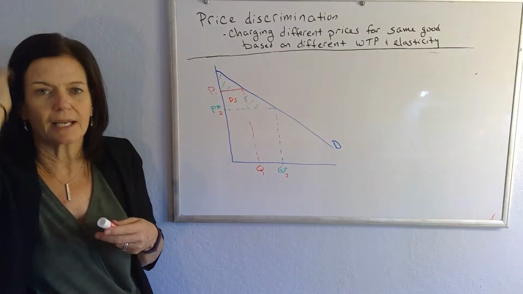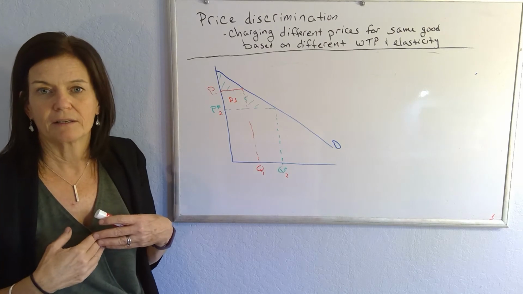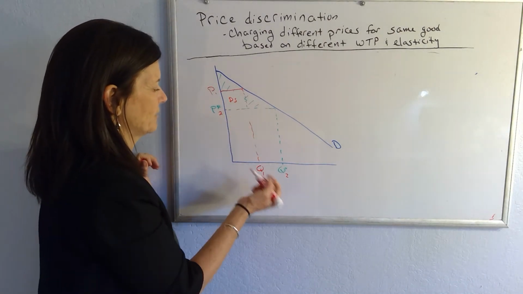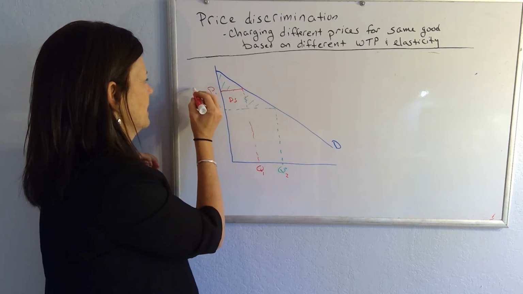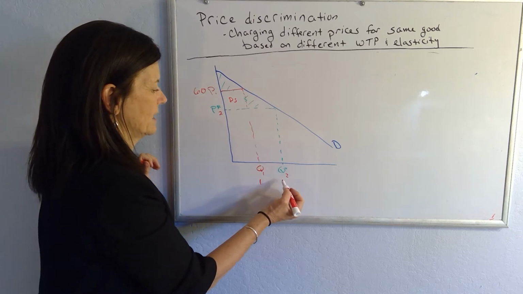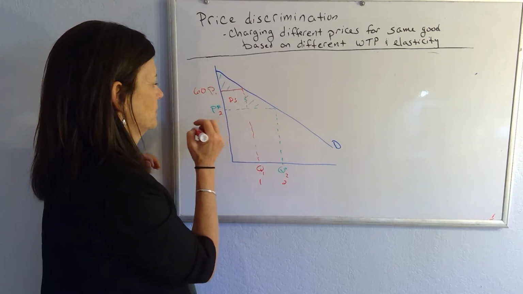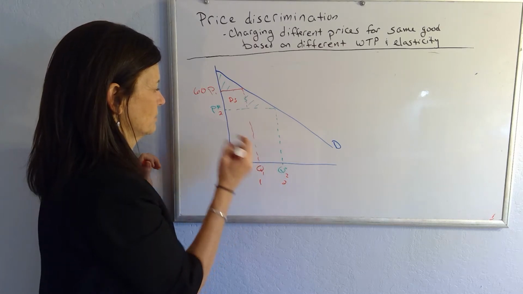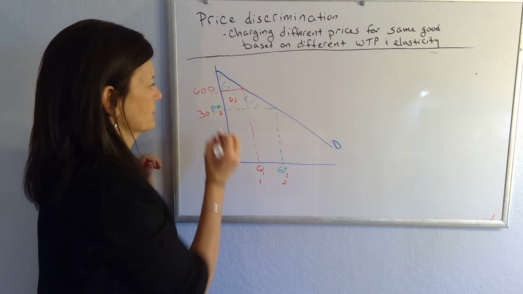And this would be like buy one, get one free. Or buy one, get one half off, right? That's not quite half off, but let's pretend it was. The price is $60 for the first one. And then if you buy two, we're going to drop the price to $30.